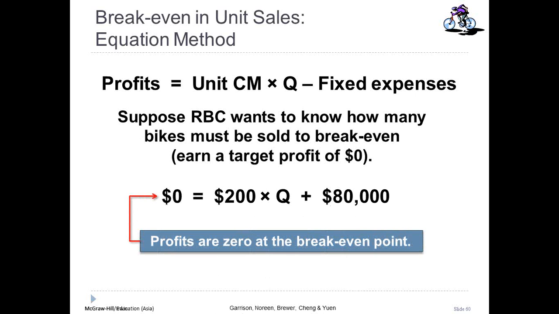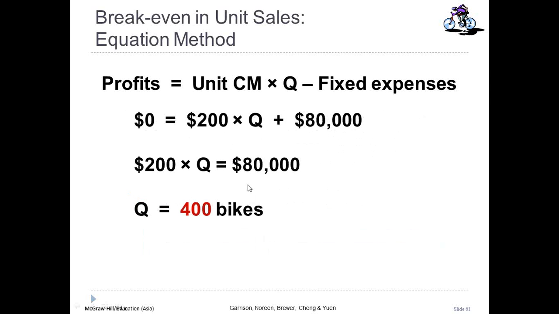Profits are zero at the break-even point. So $200, the unit contribution margin, times the quantity. Simple equation, put the zero here for profits. $200 contribution margin, we're looking for the quantity here. So what must we do? Move this over to the left side of the zero, $80,000.